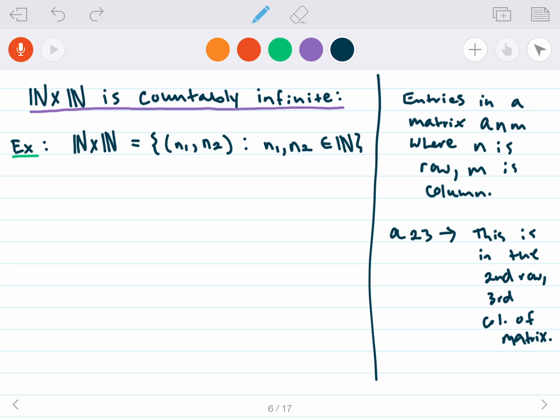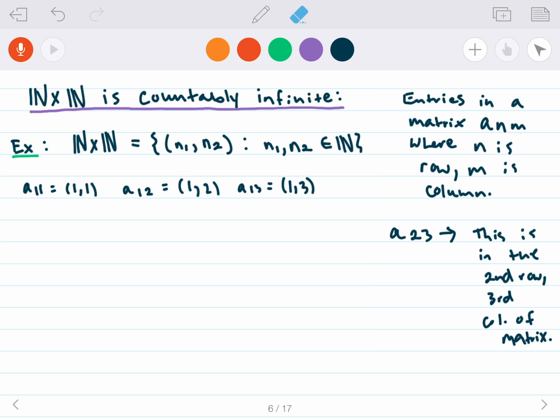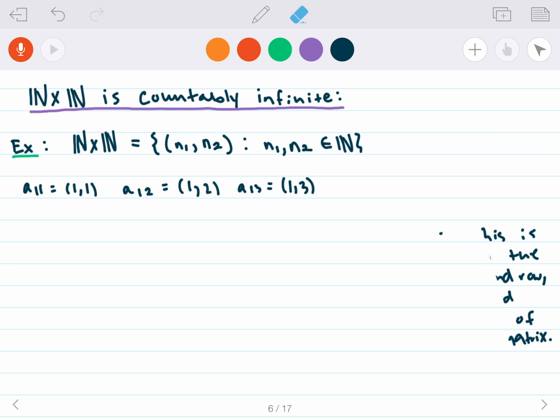We can say, look, A11 is going to be 1, 1. First row, second column is going to be 1, 2. I'm just going to write a few of these out so that we can see what's happening here when we try to construct a bijection. Actually, I'm going to erase this so I have more room here.